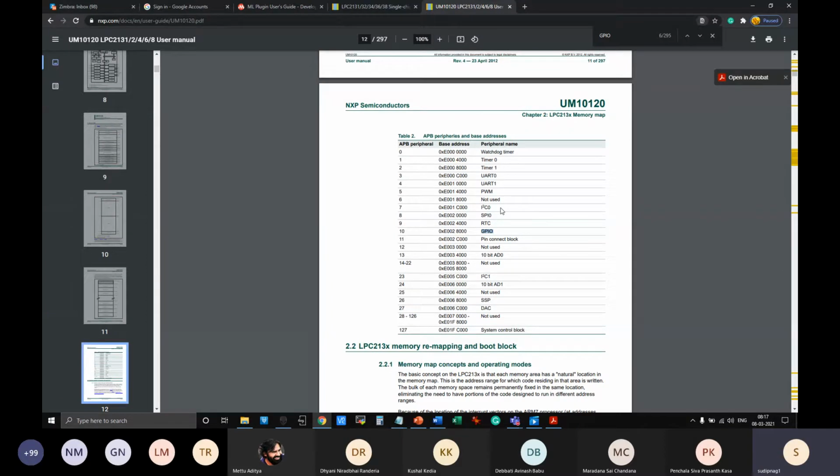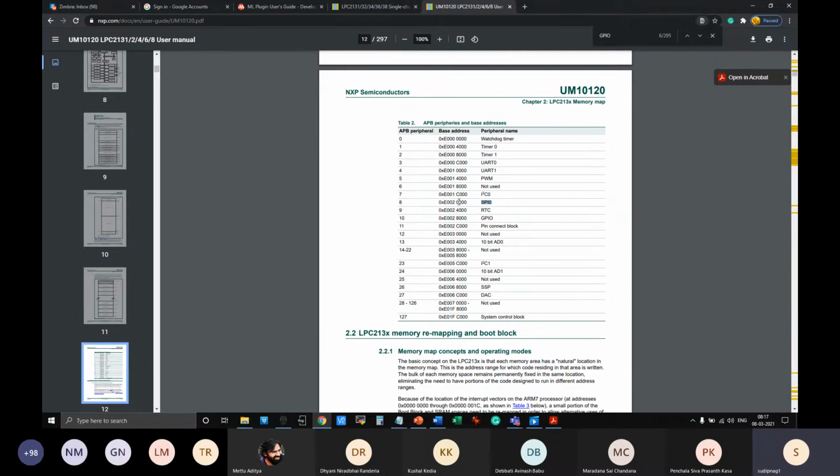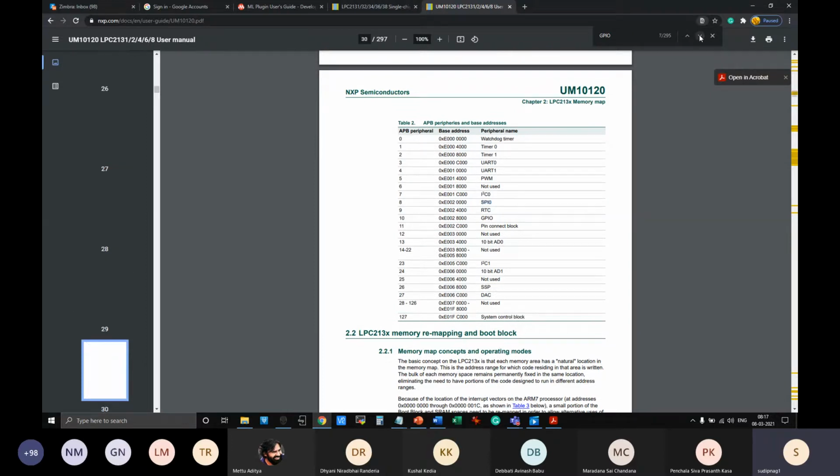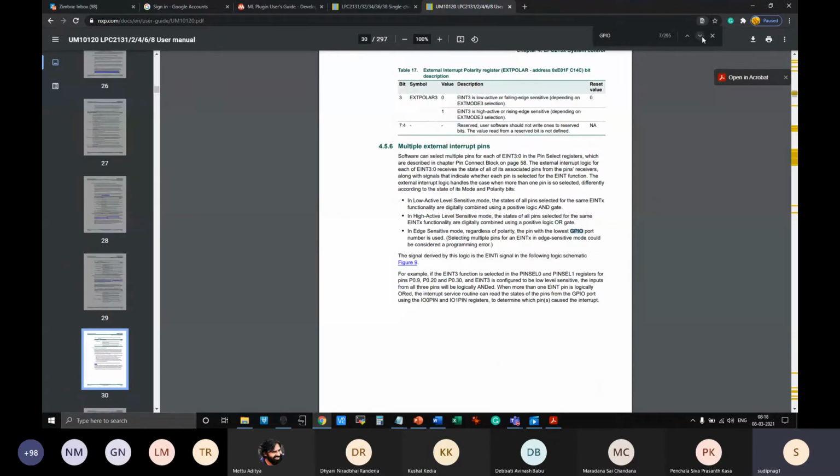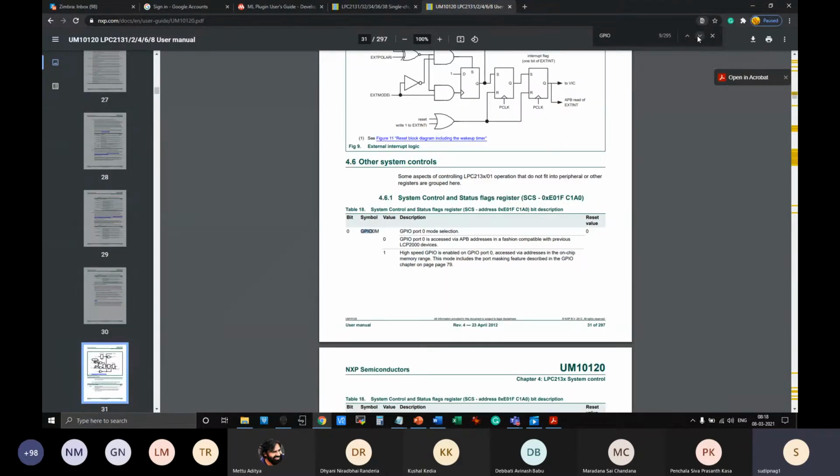There are some special function registers, and those special function registers are a part of the internal block diagram of features like GPIO, general purpose input output, or real-time clock, or serial peripheral interface, or any other that you get to see from this list. I'll straightaway take you to the GPIO descriptions, and GPIOs are the general purpose input output pins which are multiplexed with other functions.